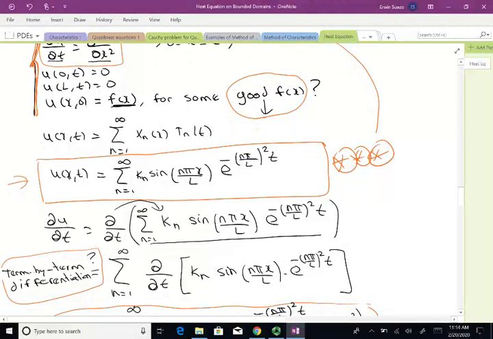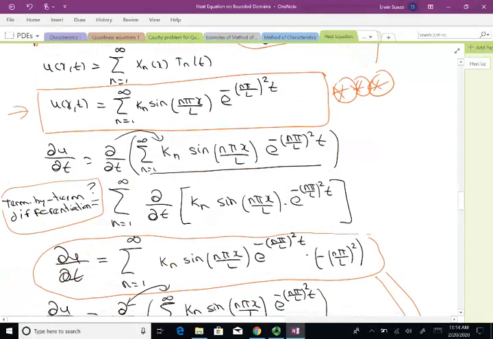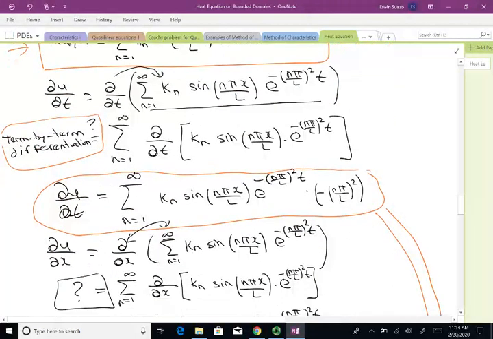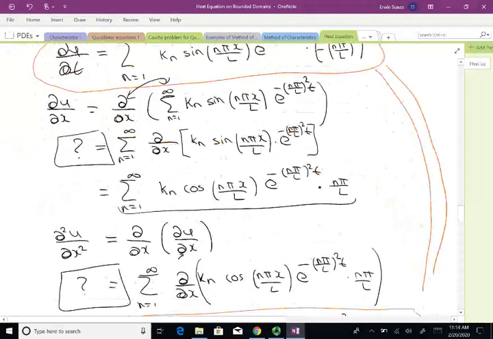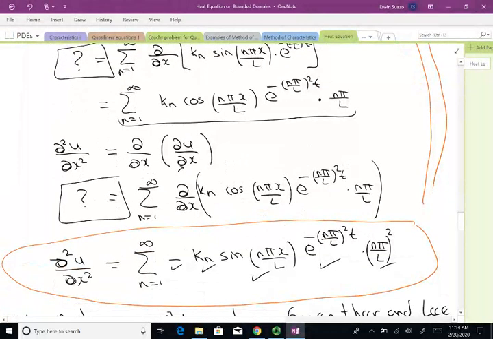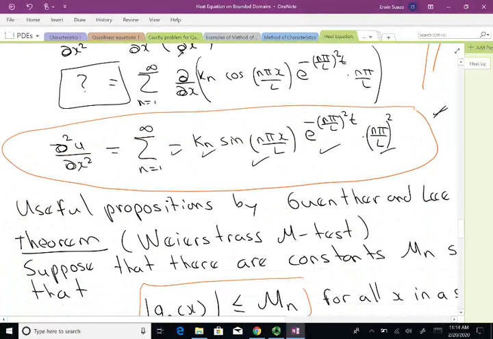So I need to switch the derivative with respect to time with the sum. I'm not going to do it again, I already did it. The derivative of u with respect to time gives me this one, and the derivative of u with respect to x gives me this one. As long as I can interchange derivatives.